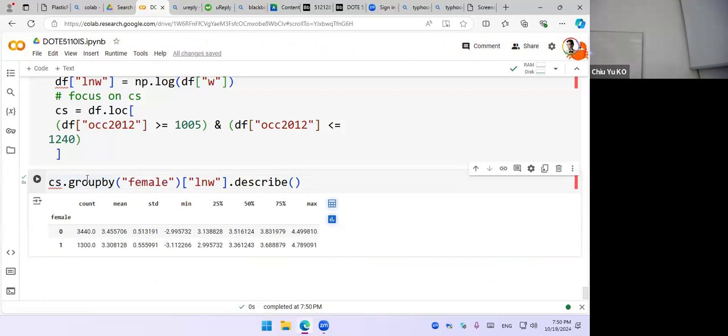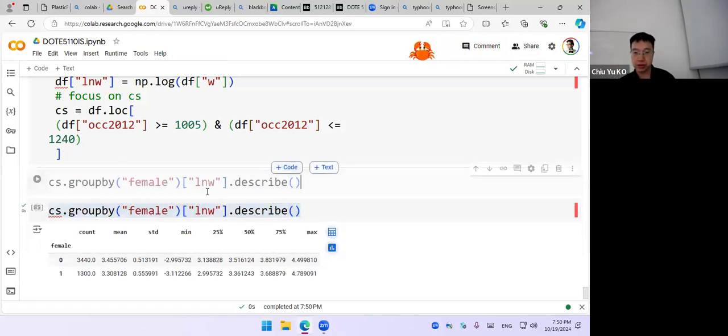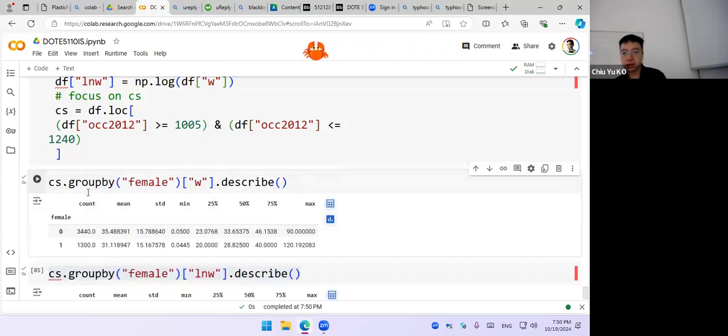But if you don't use the log ratio and use the raw wages, look at W, I think that will be slightly more different. Okay, so let us see this.